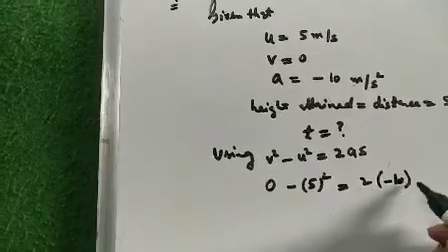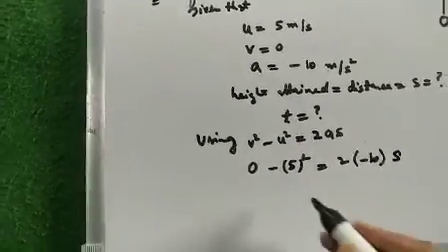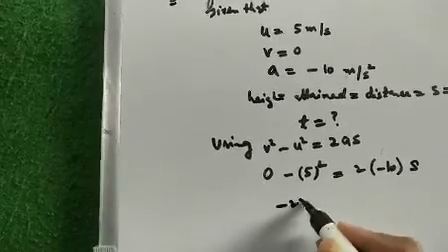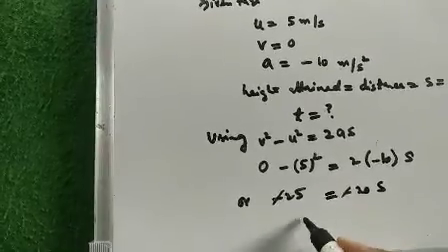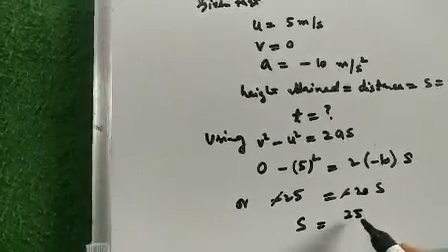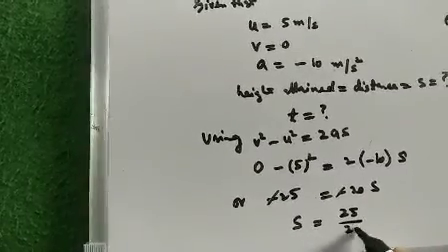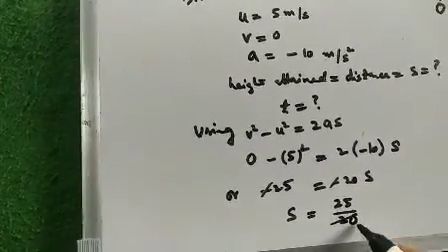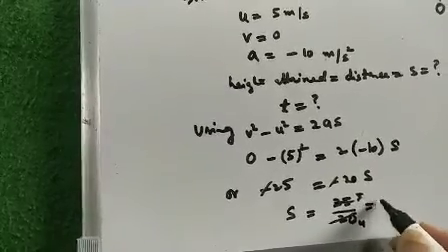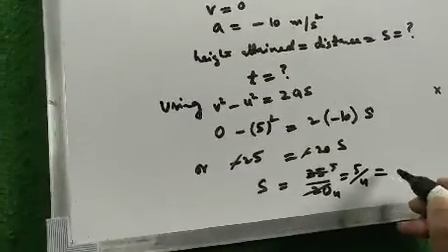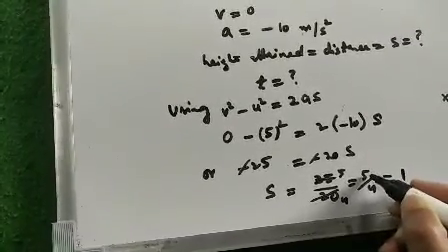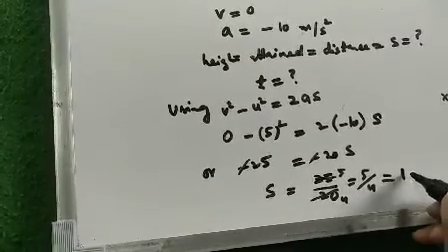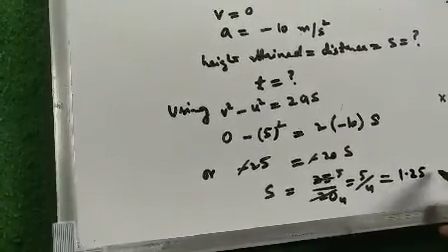A is minus 10, s हमें निकालना है, that is s. ये बनेगा 25 minus 25 और minus 20, s minus minus cancel, s will be equal to 25 divided by 20, that will be equal to 5 4s are 20, 5 5s are 25, so 5 by 4, 1.25. So s is equal to 1.25 मीटर.